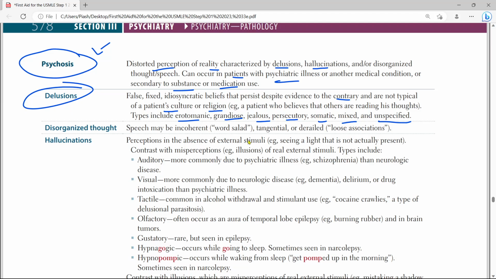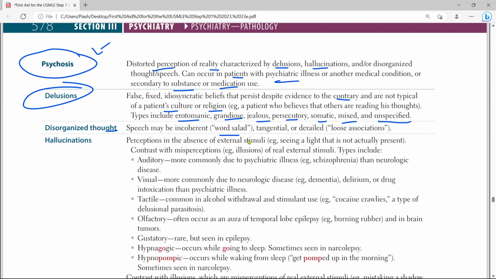The patient believes that someone is reading his thoughts. It may be erotomanic, grandiose, jealous, persecutory, somatic, mixed and unspecified.